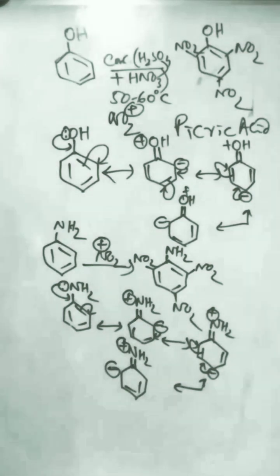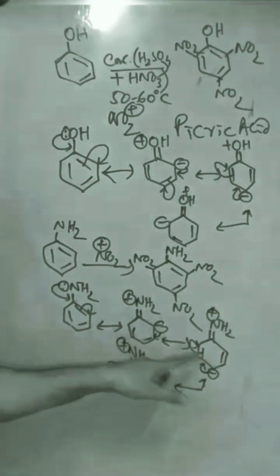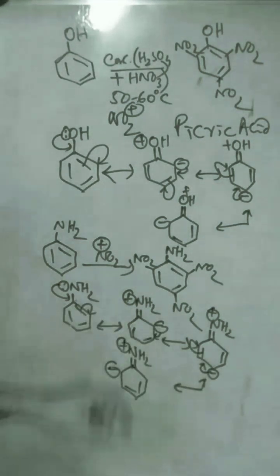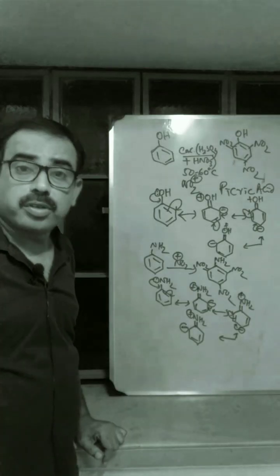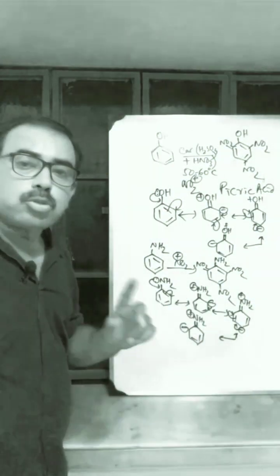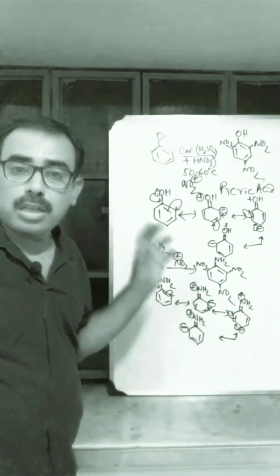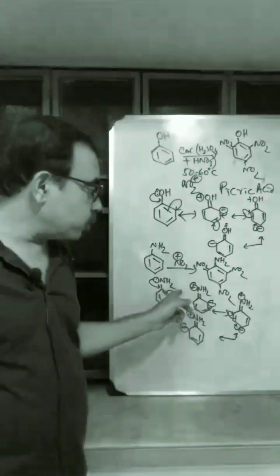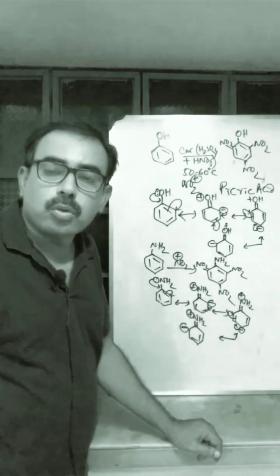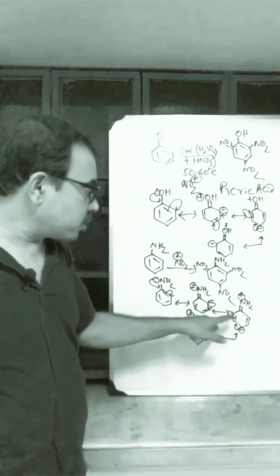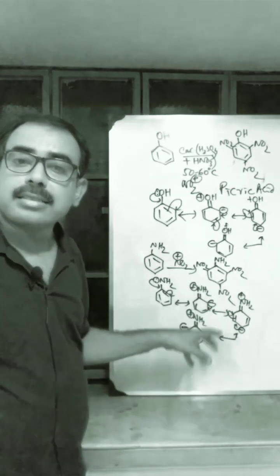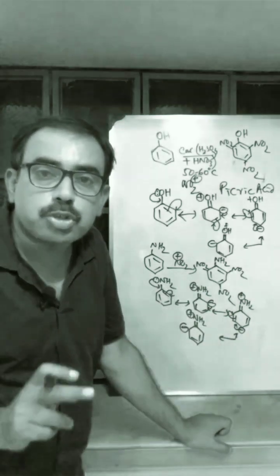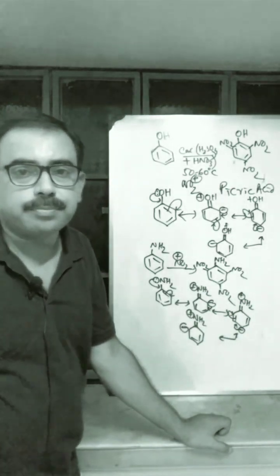Here we can also see that at the 2, 4 and 6 positions with respect to the substituent NH2, negative charge is accumulated. So if we nitrate, or give any electrophile in the solution, the electrophile will go to these three positions one at a time, as negative charges are accumulated there.